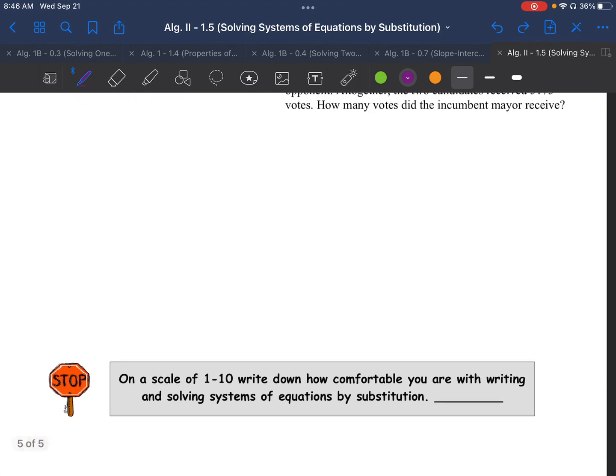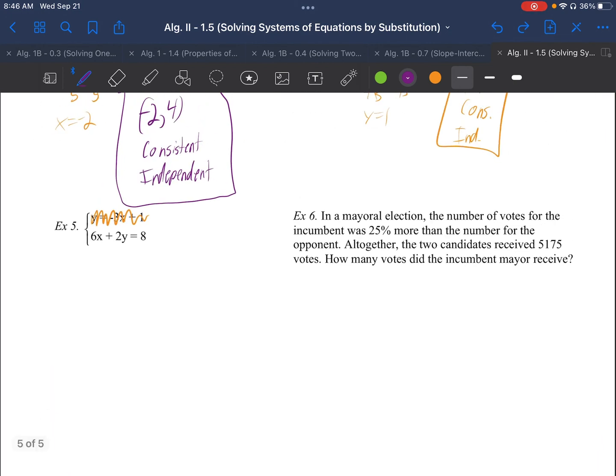I would pick this one over 6x. The reason why is that to solve for either variable in the equation, we'd have to subtract the other variable, so whether that's subtracting 2y or subtracting 6x from both sides, and then divide by the coefficient. So as I'm thinking through this, would I rather divide all 3 of these numbers by 6? Or would I divide all 3 of these numbers by 2?